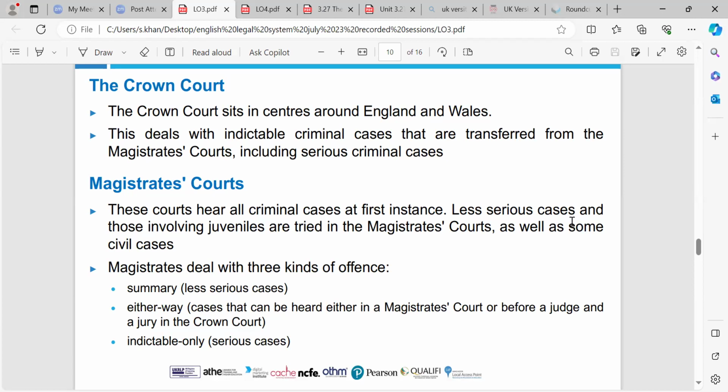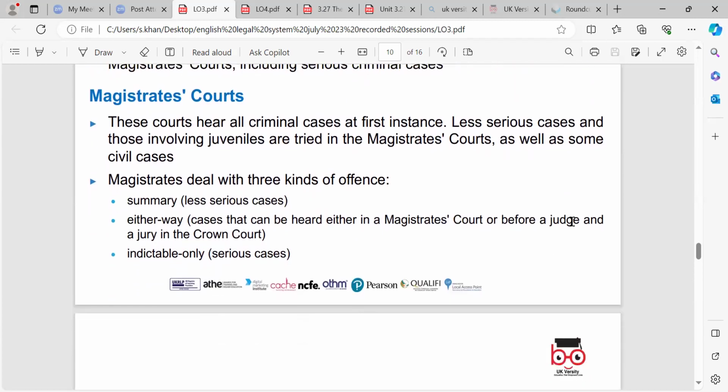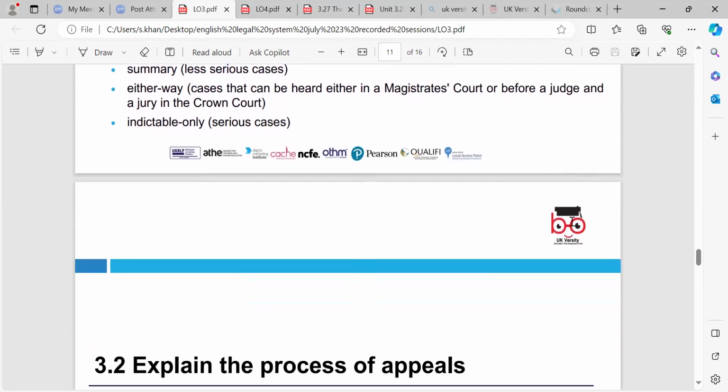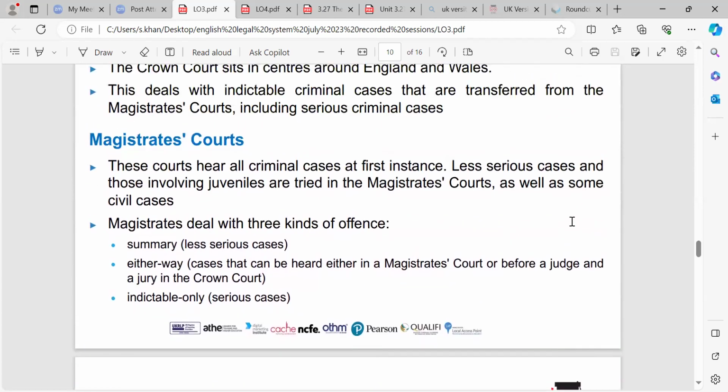You have the Magistrates Court, and this is the first court of instance that hears all the cases. Up to 95% of cases are dealt with at the Magistrates Court, and they deal with summary, either way offences or indictable offences. And the indictable ones are referred to the Crown Court, as the Magistrates Court do not have the jurisdiction to deal with them.